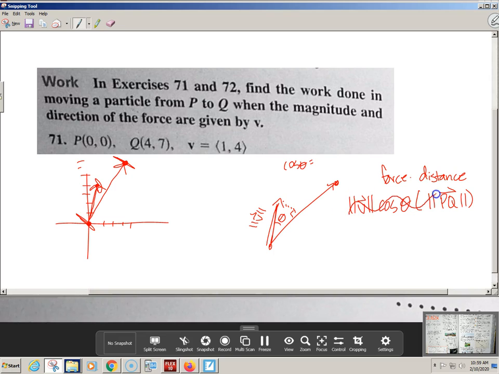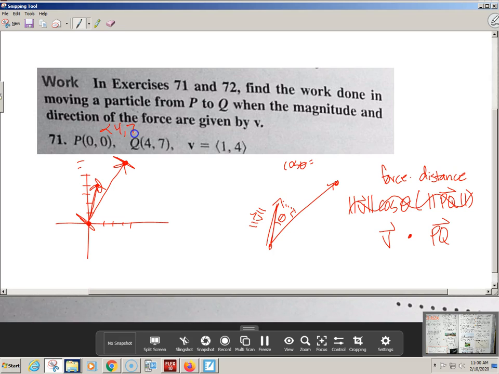But the nice thing is I don't even need to work that hard, because I could instead just take the dot product between vector PQ, which is distance, and vector V. What I'm trying to help you avoid in those problems where you're just dragging along a horizontal line, like the ground, is needing to get components. But the nice thing in this one is I can get the components really easily.